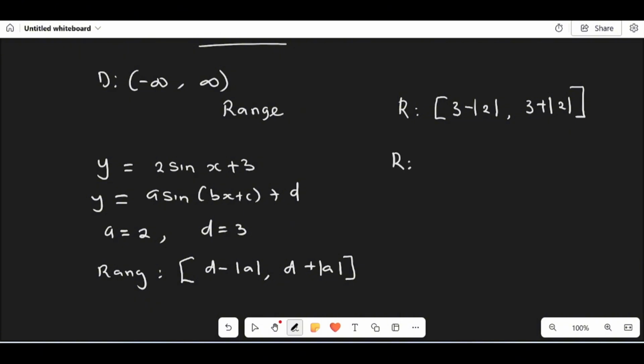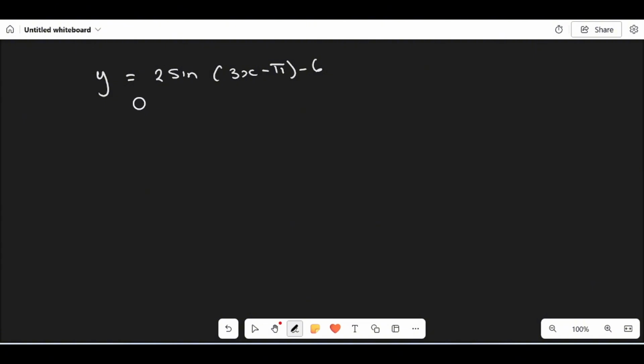Our range is [3 minus 2, 3 plus 2]. 3 minus 2 will give us 1, and 3 plus 2 will give us 5. This is our range.